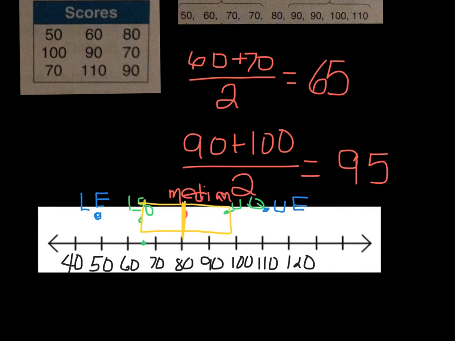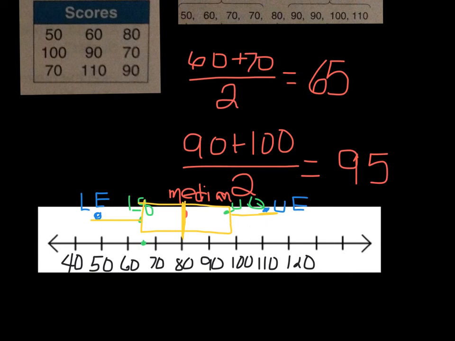Our next step says draw horizontal line segments called whiskers from the ends of the box to the lower and upper extremes. So it's going to go out from this dot to this dot, and then it goes from this dot to this dot. So here we have our box is right here, and our whiskers stick out just like this.